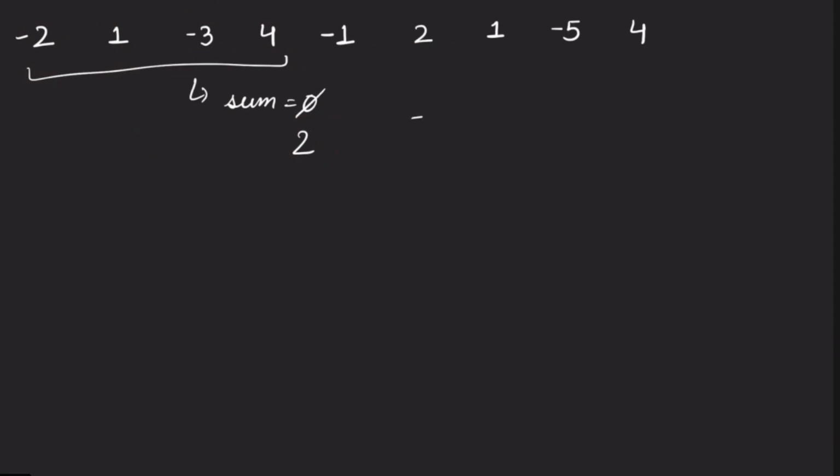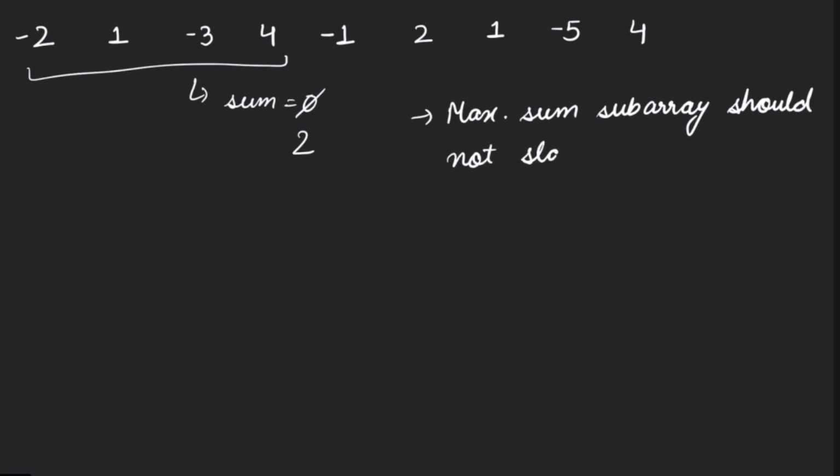So can we say that whatever will be our maximum sum subarray, that should not start or end with a negative element, right? Here you saw that when I took minus 2, I was getting a smaller sum. But when I removed this minus 2 and started my subarray from here, then I was getting a greater sum.